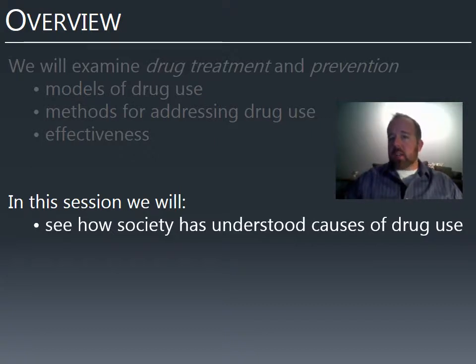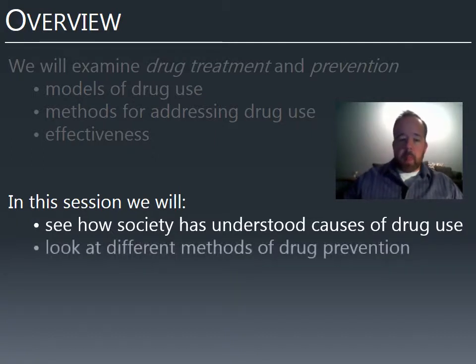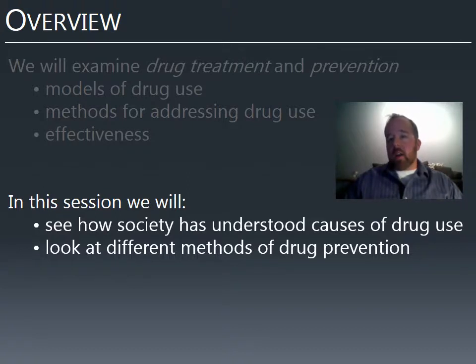And of course, this has evolved throughout history, but certainly over the last 50 or 60 years when it comes to drug prevention in particular. So we'll look at different ways of preventing drug use, different ways of classifying anti-drug campaigns, different groups that can discourage people from using drugs and how they go about that.